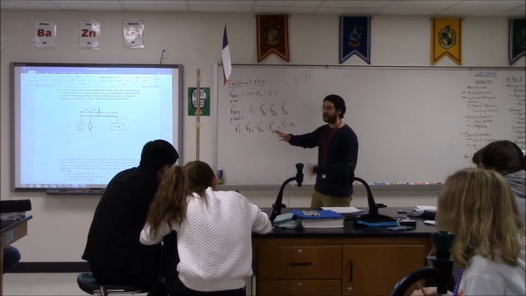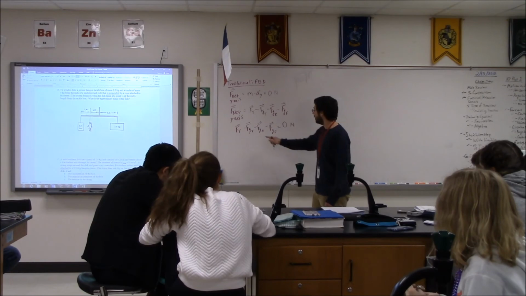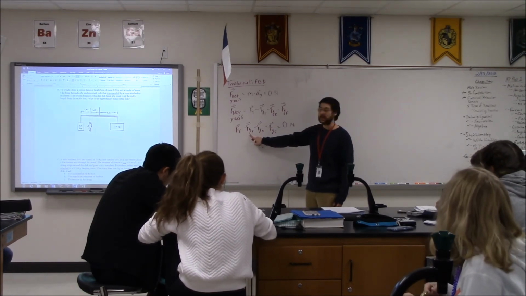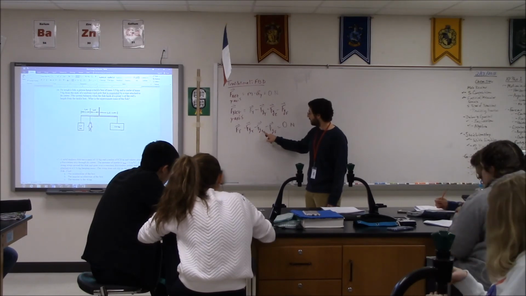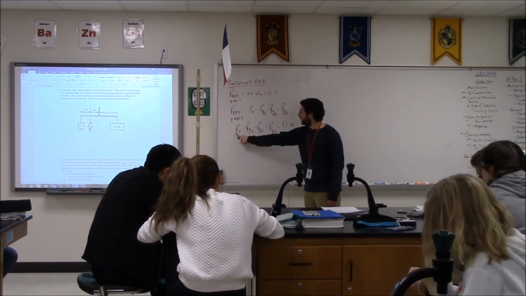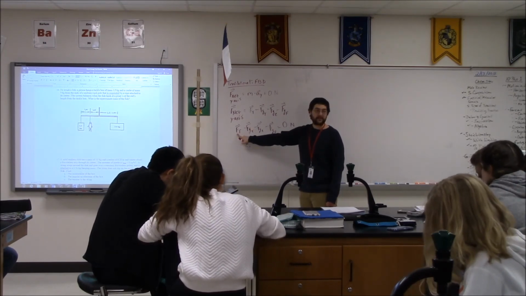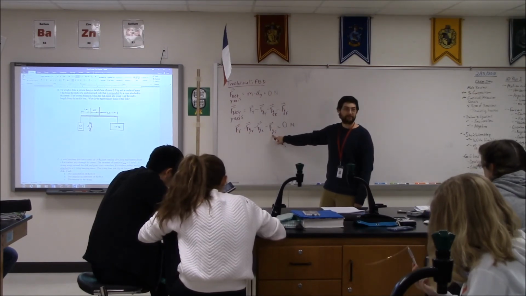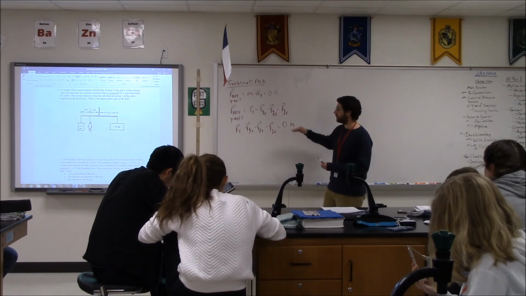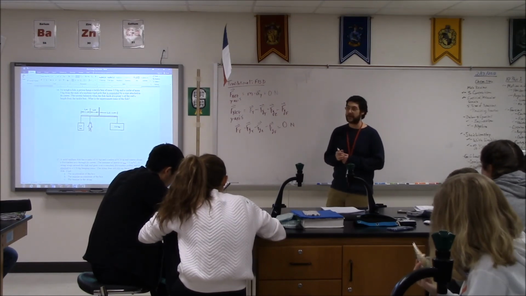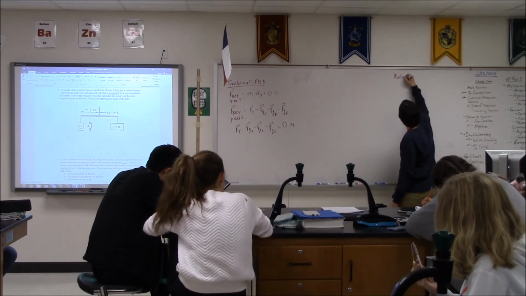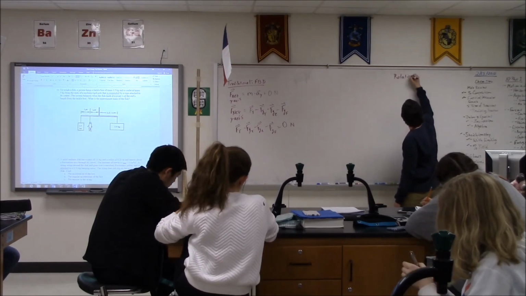But before I do any more work, can I know what this is since I have the mass of the tackle box? Can I know what this is since I have the mass of the cooler? Do I know what this is? No, I don't. So I have two unknowns, which means I can't go any further with translational, right? Move to rotational. What do you have to do for rotational?